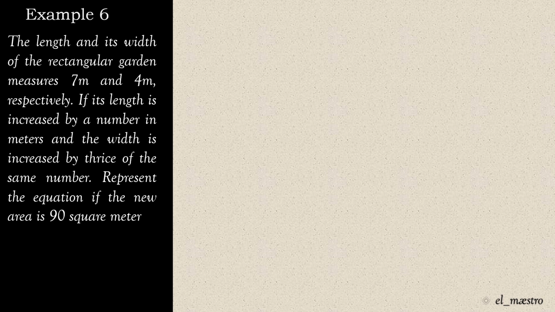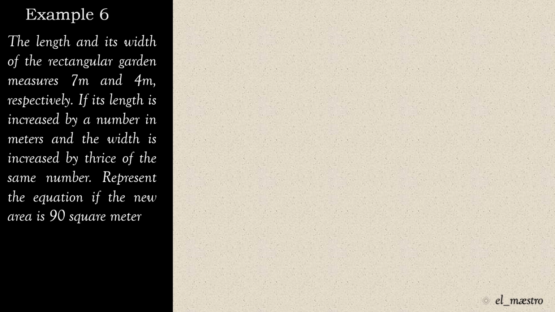Okay? So let's read. The length and width of the rectangular garden measure 7 meters and 4 meters, respectively. If its length is increased by a number in meters and its width is increased by thrice the same number, the problem is we have to represent the equation if the new area is 90 square meters.